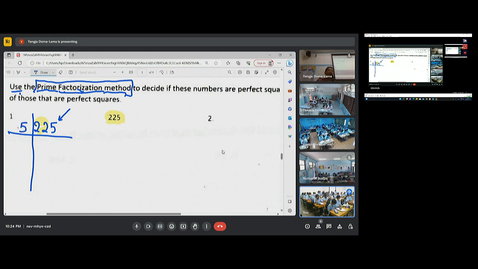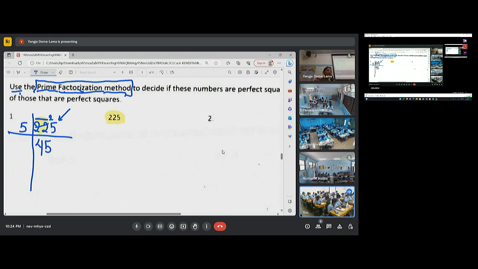Okay? 5, how many you can divide? 4 fives are 20, right? Remainder is 2. So we have 2, 5, 25. 5, how many times 25? 5. Understand? 5 45s are 225.